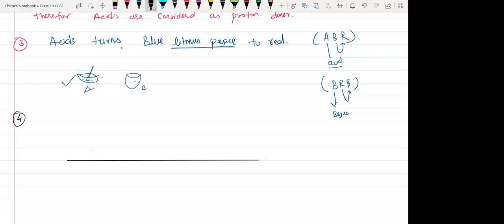It is marked here 0 to 14. And here we have the center value 7, and it is marked like this, and from this side also.